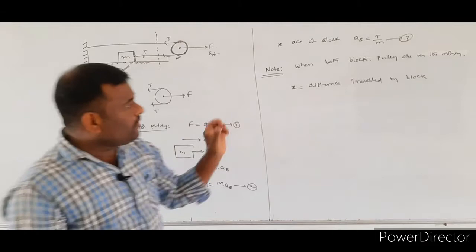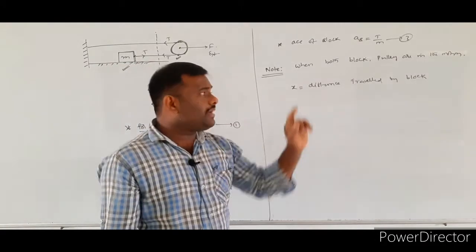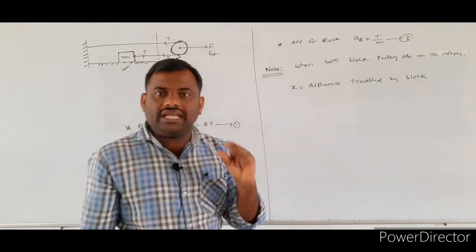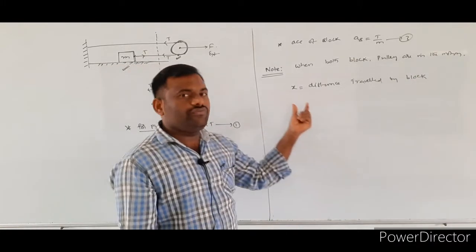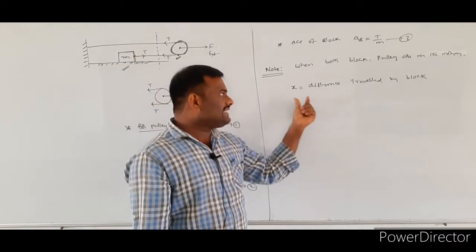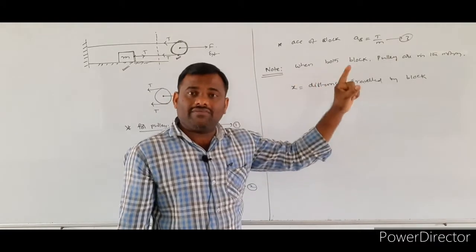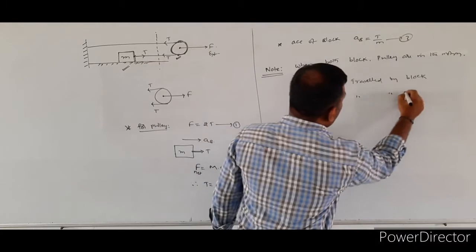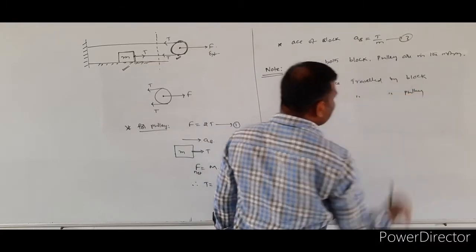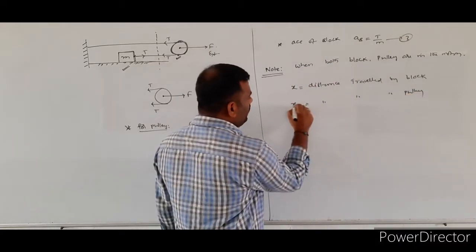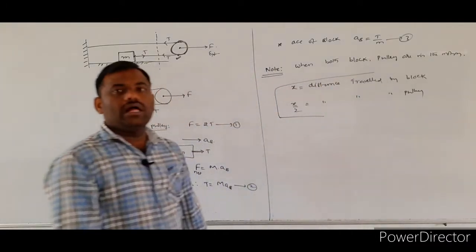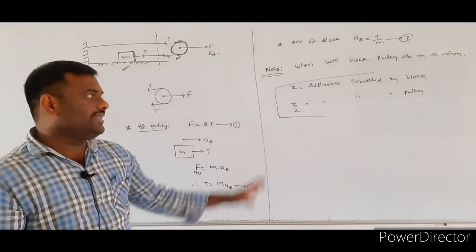Once again, whenever the block as well as the pulley both are in motion, one condition will be there: if x is the distance travelled by the given block, then the distance travelled by the pulley will be half of the distance covered by the block.